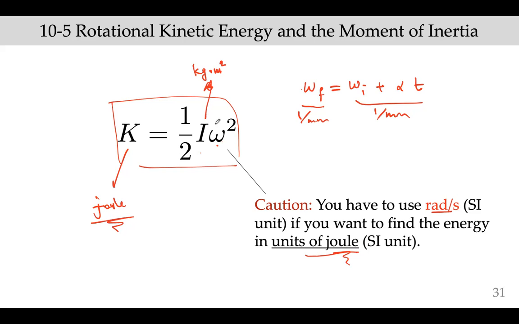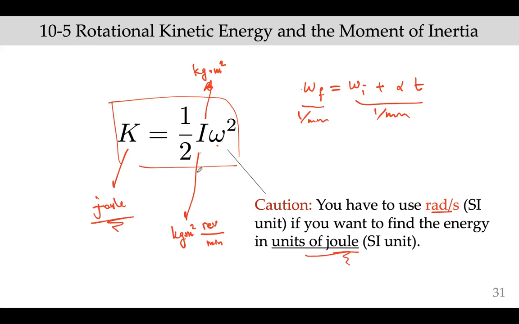Now, what happens if in this formula you use radians per minute or revolutions per second? Again, you will find some number, you will find energy, but that energy unit will not be joules. For example, let's say we use kilogram meter squared, and for omega we use revolutions per minute.